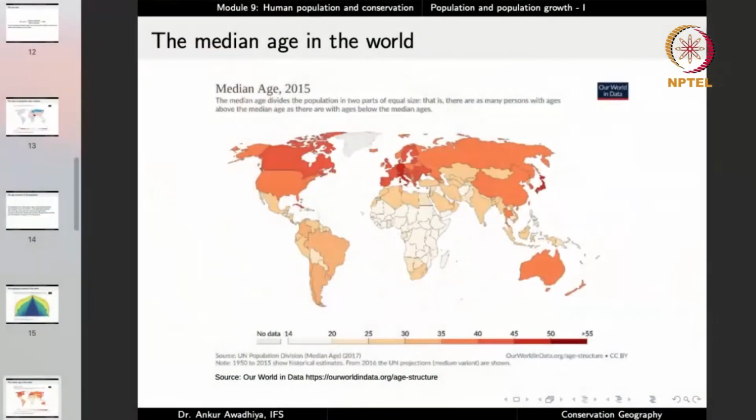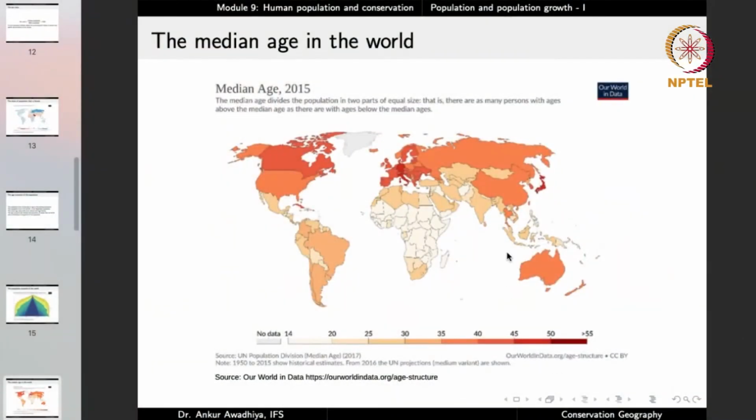So it tells us whether the population in a country is a young population or an old population. So we can take this as a metric about the youth of the population. If the median age is very less, it shows that a majority of the people in the country are children. If the median age increases, it shows that the population is older.